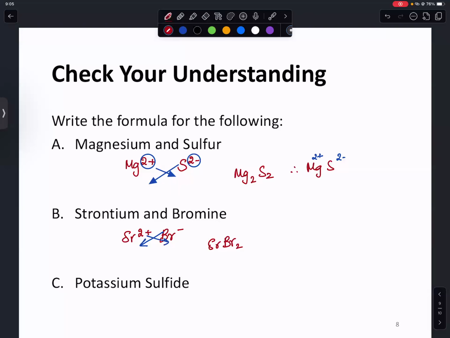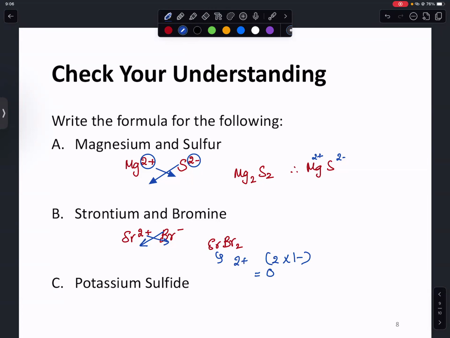Now let's check. For every 2 plus, we have 2 times 1 minus.